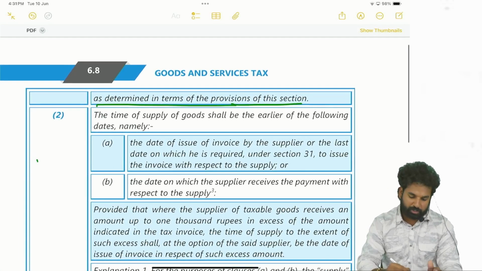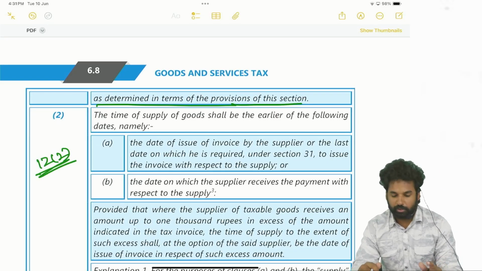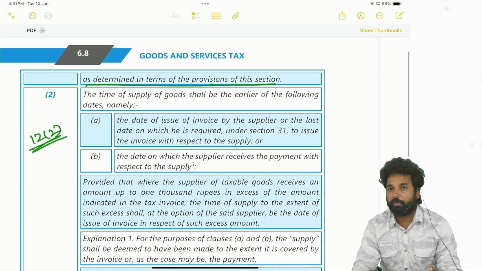Now section 12 subsection 2. This is the main subsection with respect to time of supply of goods.